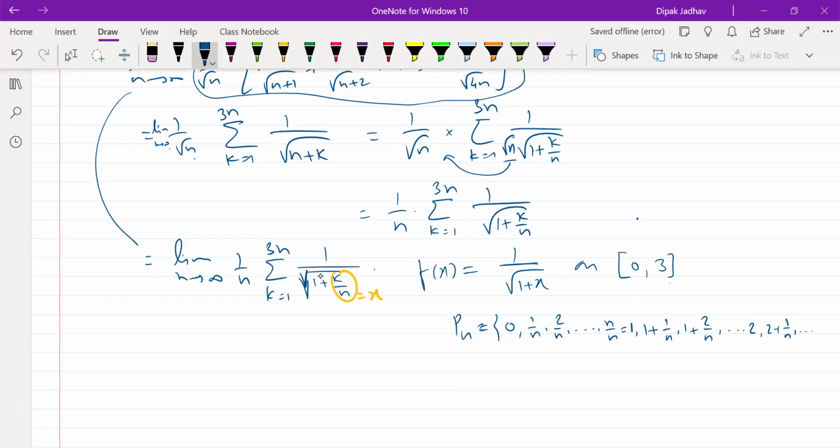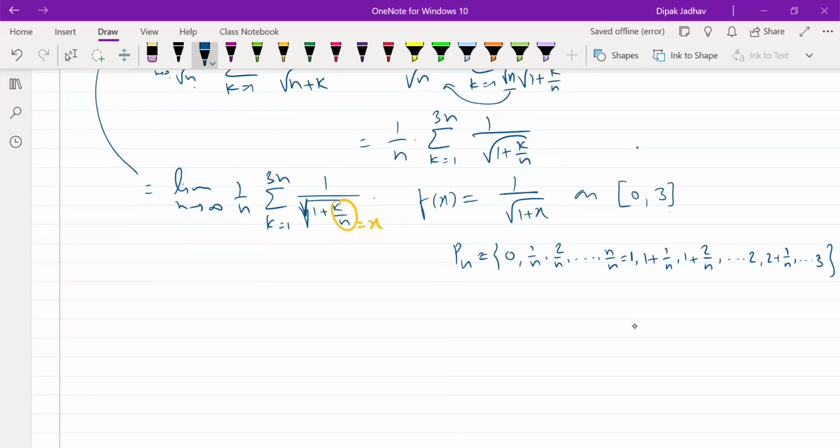So the length of the subinterval we are keeping the same, 1 by n. Is it okay? We are partitioning this interval 0 to 3 into equal parts, each of length 1 by n. So this partition we are considering.